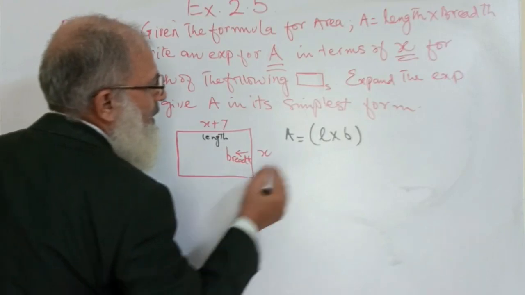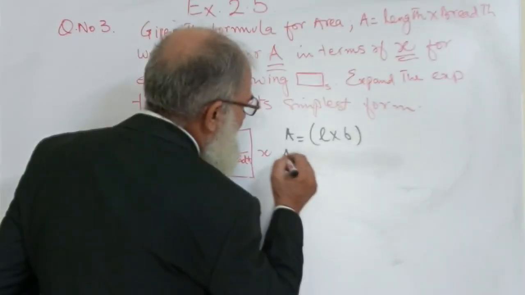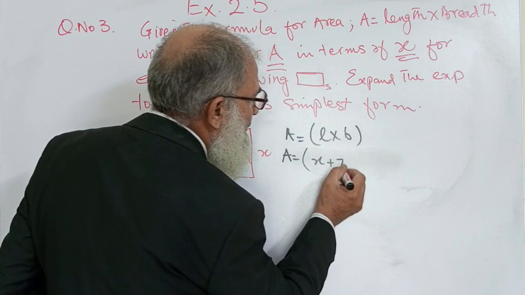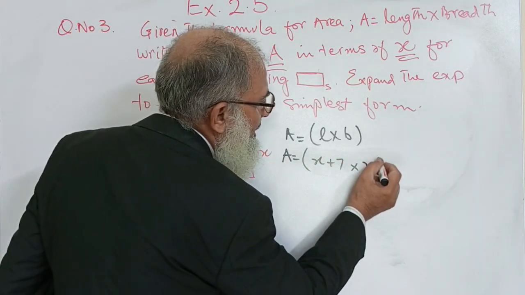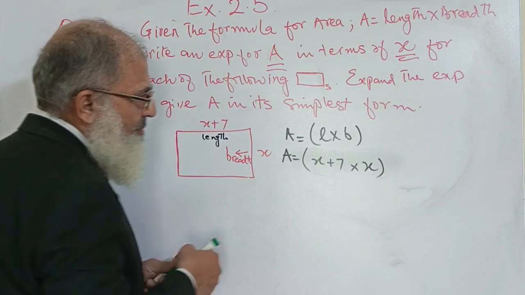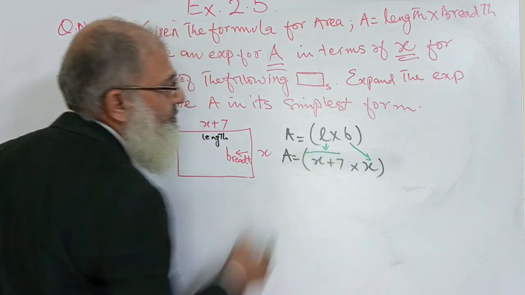So, A is length multiplied by breadth. Now, length is x plus 7 multiplied by x. This is the breadth, and this whole is the length.